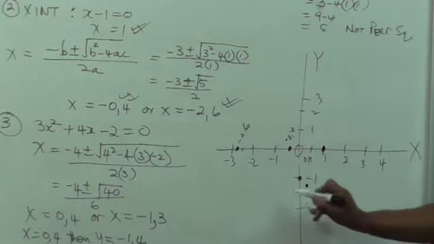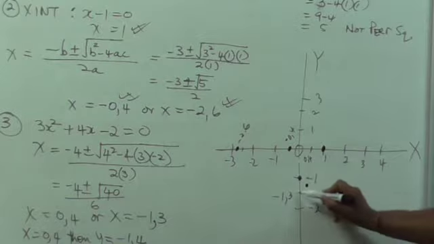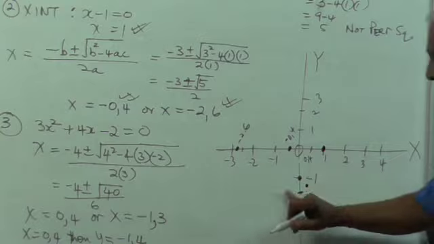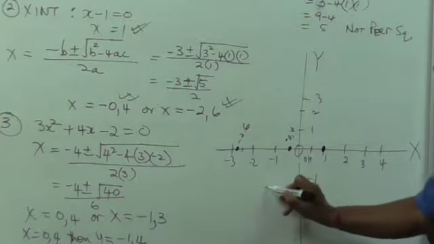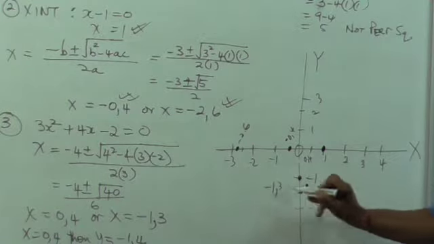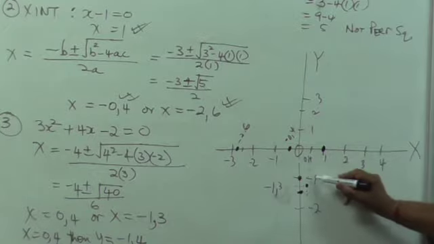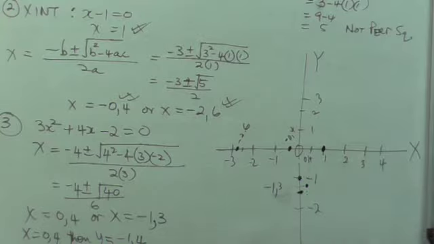Sorry, this is minus 1 comma 3 here, because this is minus 1 comma 5. This is minus 1, minus 2, minus 1 comma 5, so minus 1 comma 3 will be there. Right, next.